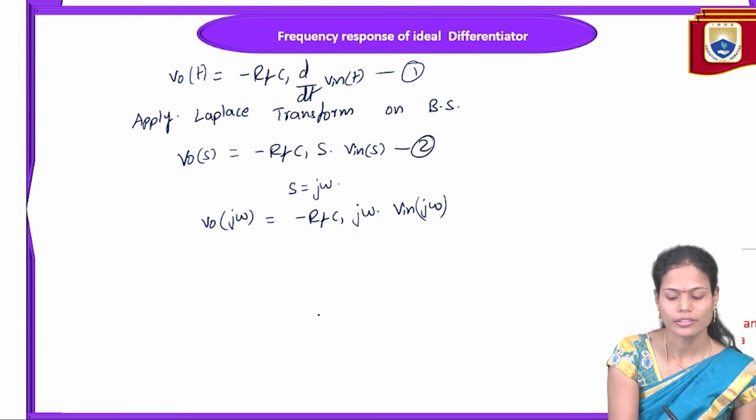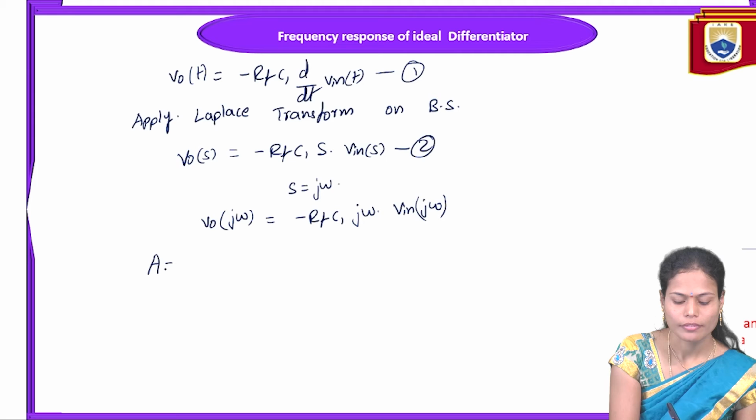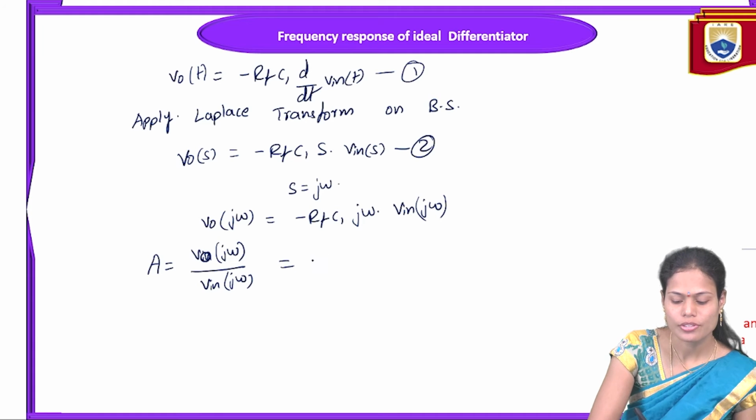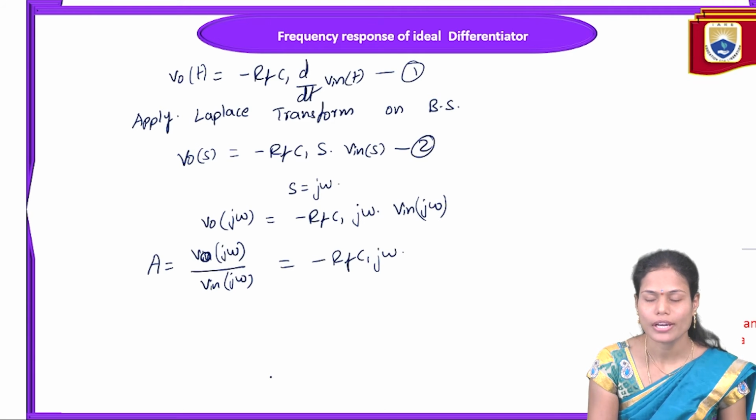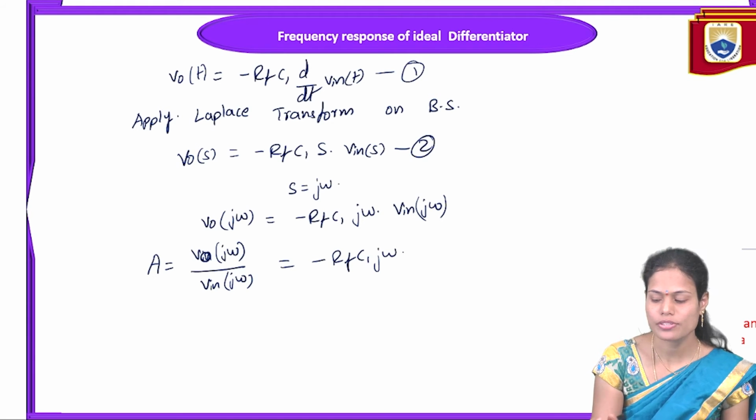So from this, if we write the gain, that is the ratio of output voltage by input voltage, V naught of J omega by V in of J omega, that value is minus RF C1 J omega. And to get the frequency response, again we need to find the magnitude of this gain.